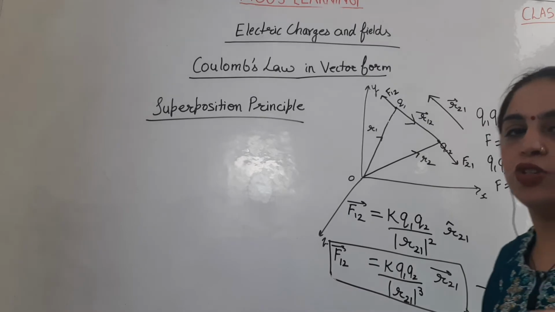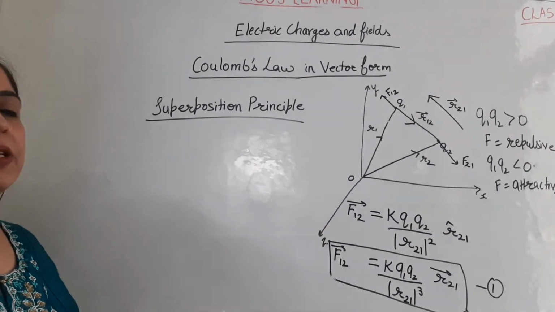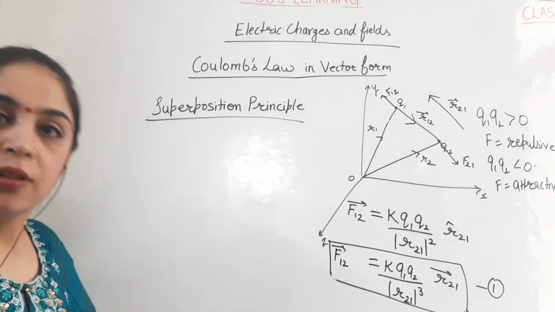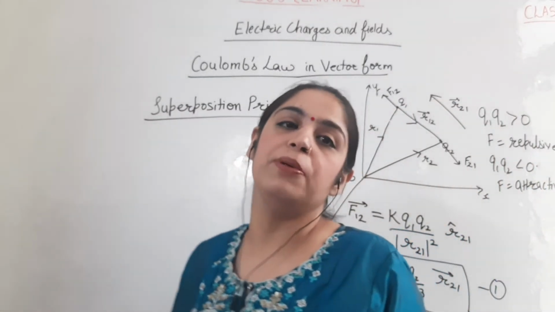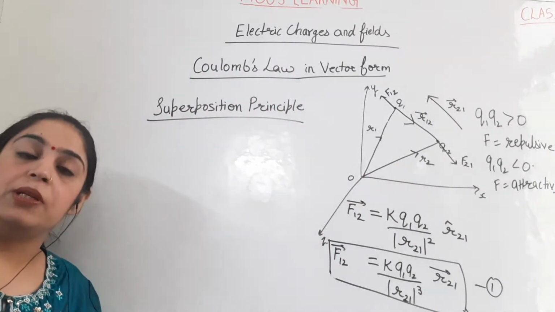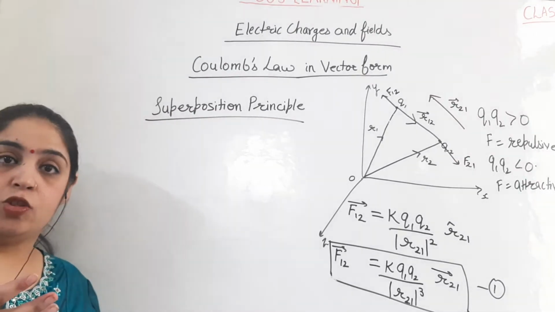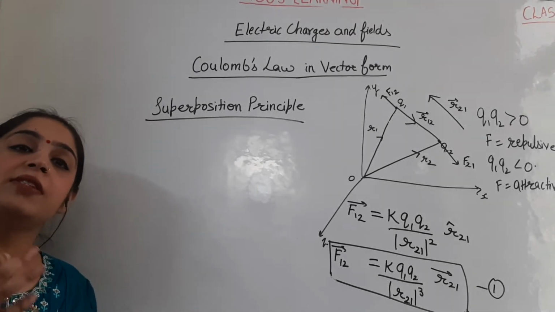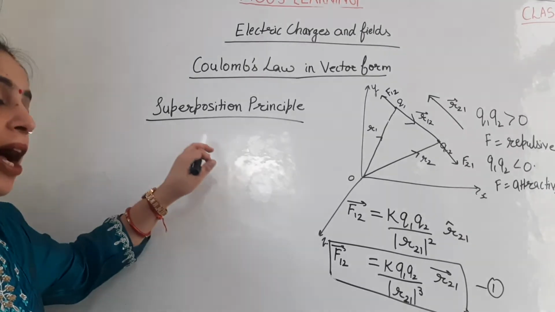Okay, let's get to the next concept, the superposition principle. If I have more than two charges, multiple charges, 3, 4, 5, 6, 7, many charges, then what will happen? Then we will have the superposition principle. You already studied the superposition principle in class 11, in the chapter on waves. It says that whenever there are multiple waves, the displacement at any time t would be the vector sum of individual displacements. The same concept is applied here.